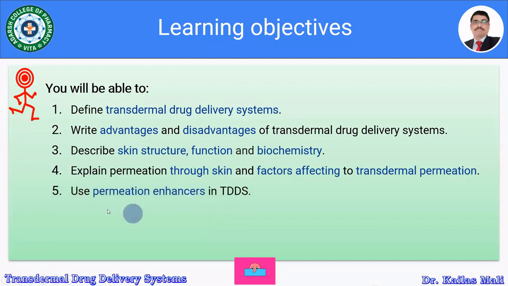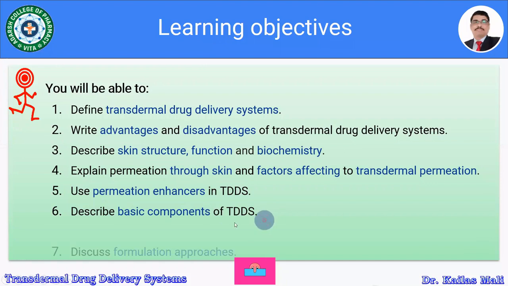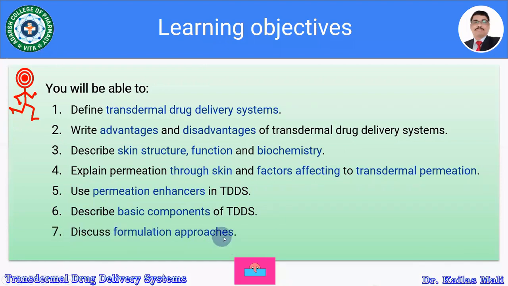The fifth objective, you will be able to use permeation enhancers in the TDDS. Sixth objective, you will be able to describe basic components of transdermal drug delivery system, and the last objective, you will be able to discuss formulation approaches.